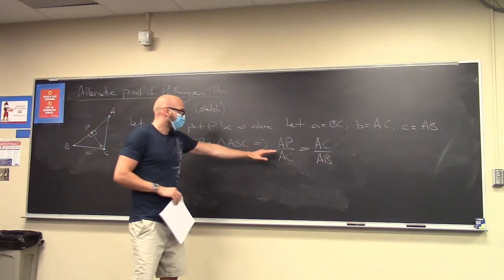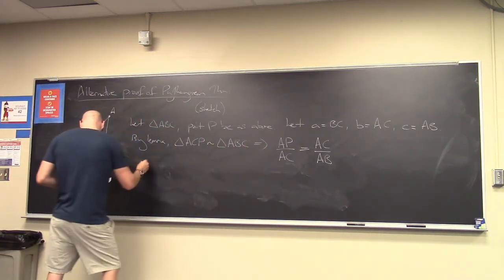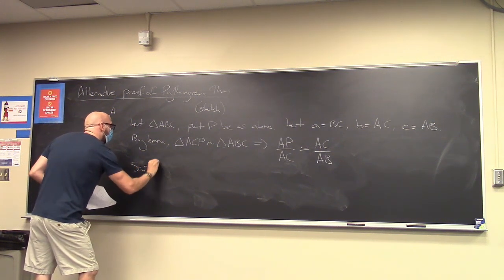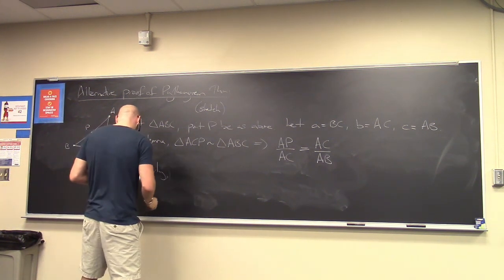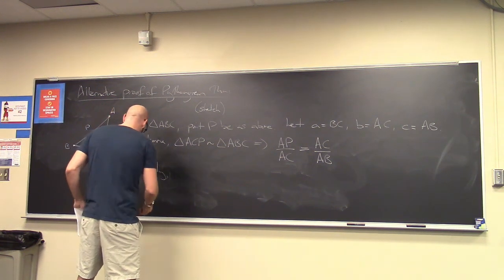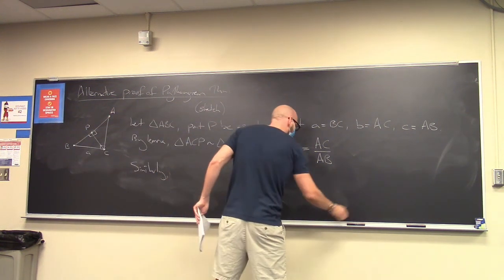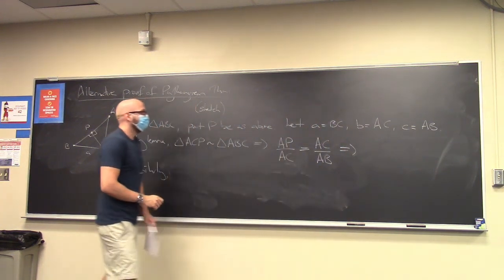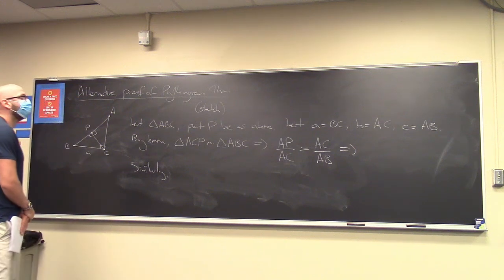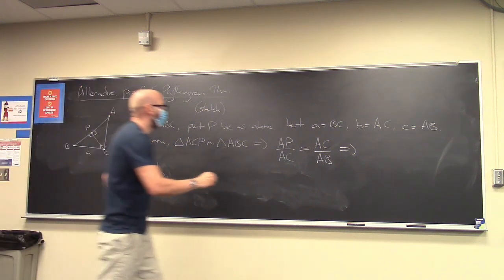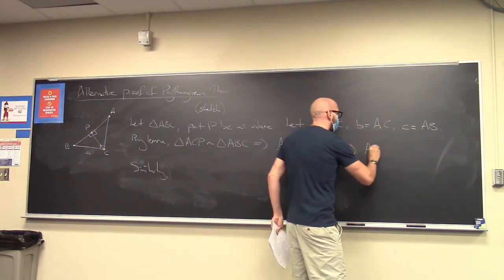Similarly, I'm going to come up with another ratio. Actually, I'm jumping ahead. Erase the word similarly, or let's just fit this in here. Let's replace this with some stuff. What's AP equal to?